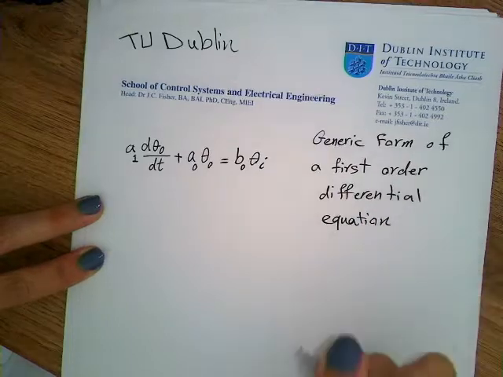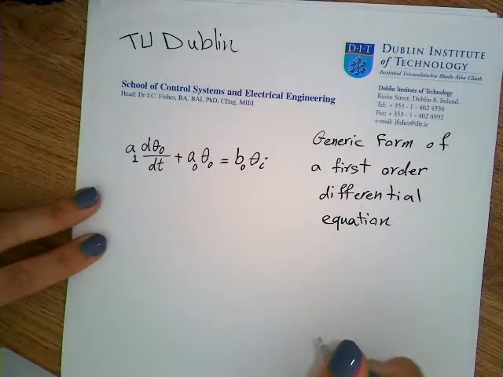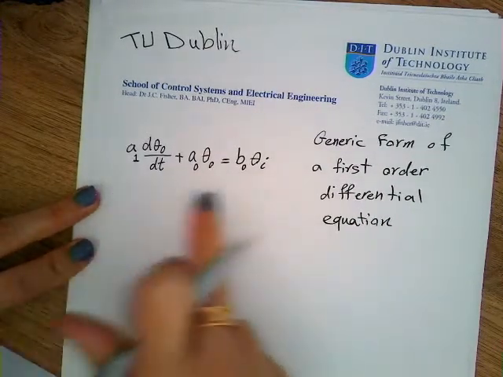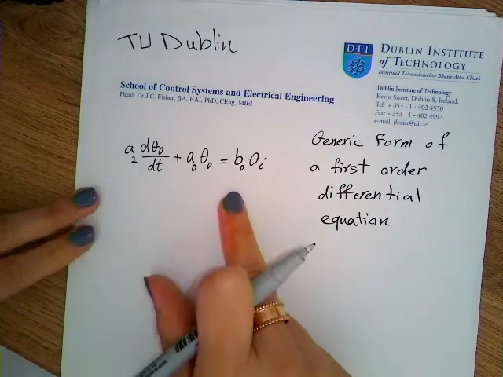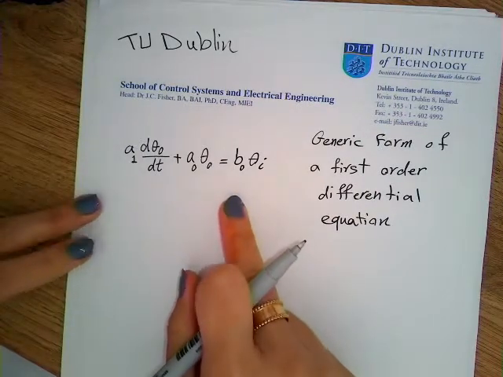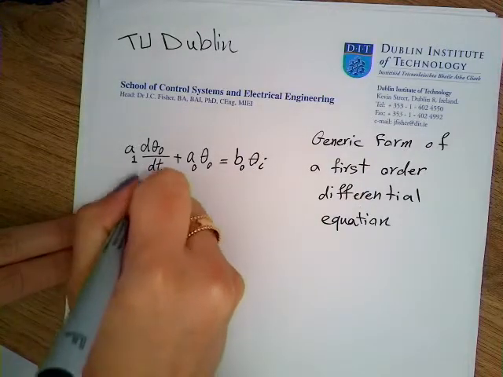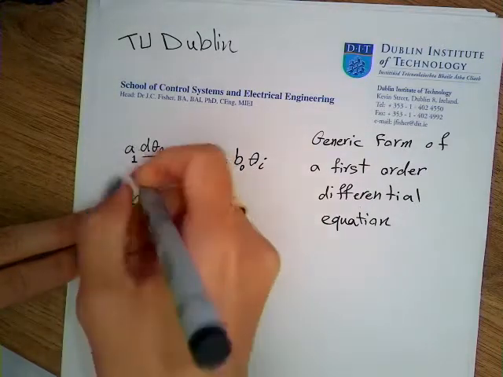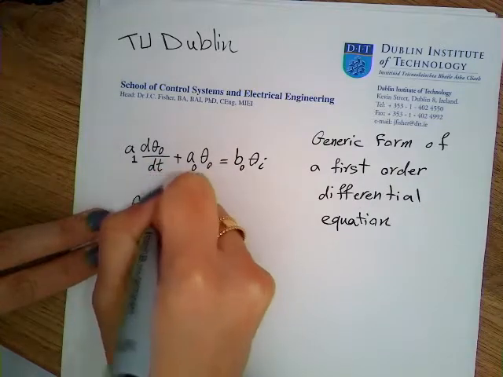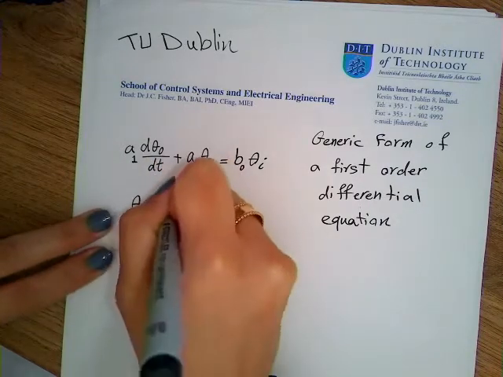Now, in order to solve this differential equation, we are going to have one assumption. We are going to say that our theta O is made out of two parts.